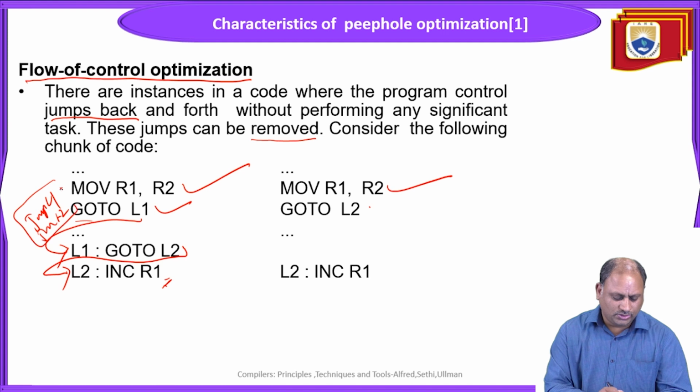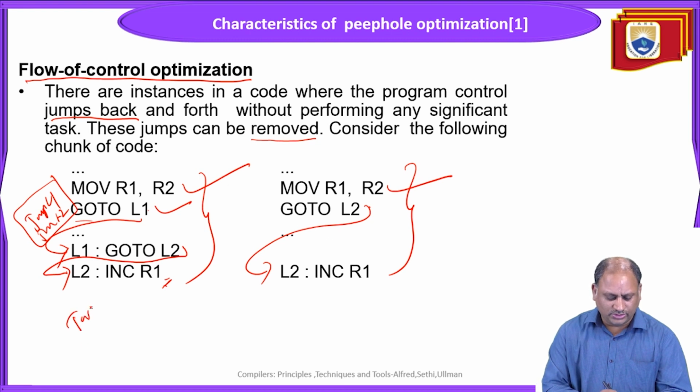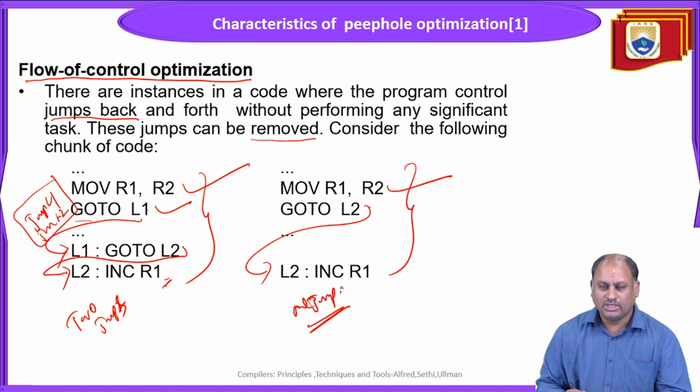Even if you jump directly to L2, it does the same task. This piece of code performs the same task as this one. Here two jumps are performed, and here only one jump.